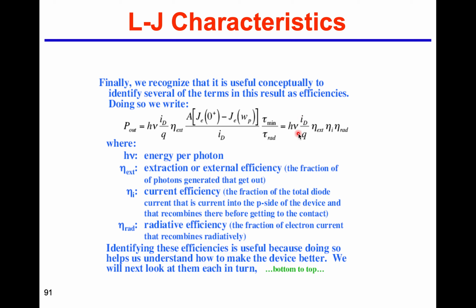Also, the photon energy is a constant, so there are three efficiencies, okay? One is the extraction efficiency. We need to take the photons from inside the device to outside the device. And the eta_I is the current efficiency.